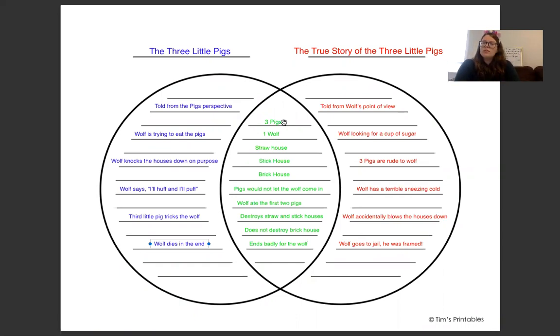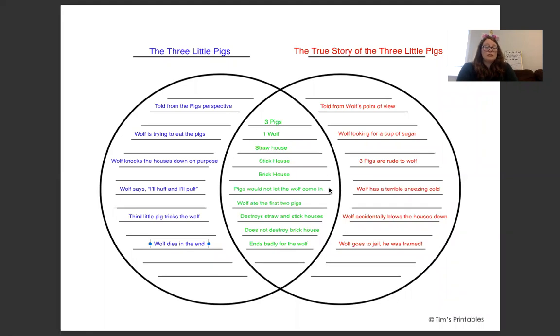So let's look at what was the same in both the stories. What did you find that was the same about both stories? Good. Here's what I found. They both had three pigs, one big bad wolf, a straw house, a stick house, a brick house.